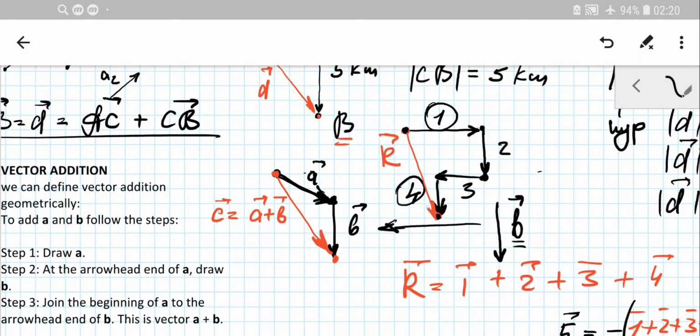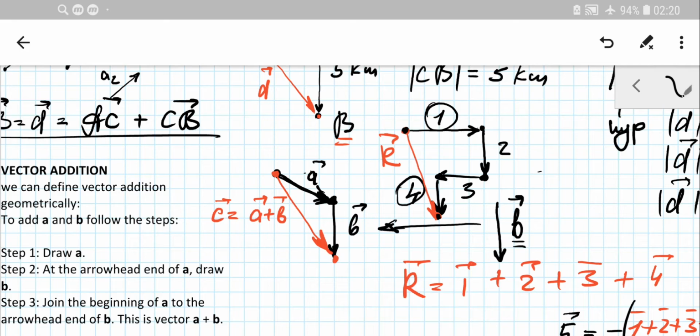As you can see, this direction is against the general direction of this chain, or of the snake. So it goes in the opposite direction, and that's your resultant vector.